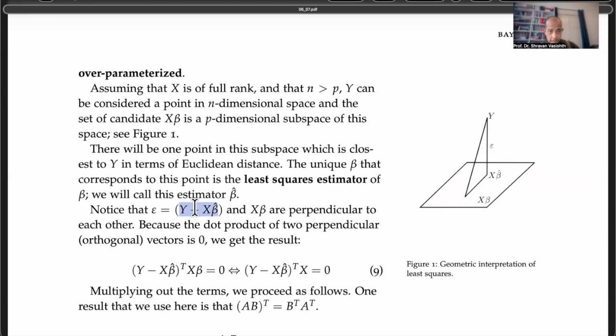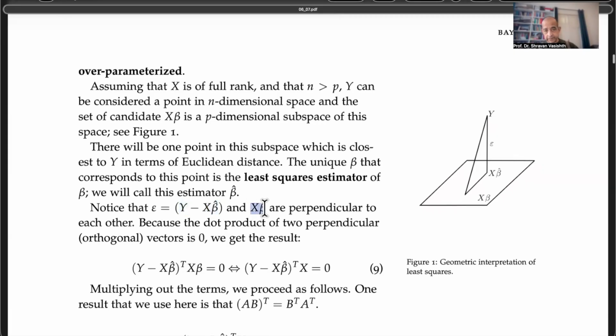So y minus x beta hat in brackets and x beta are perpendicular to each other. The dot product of two perpendicular vectors is 0.